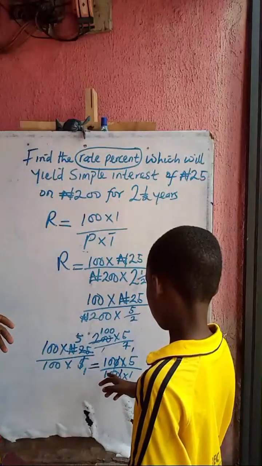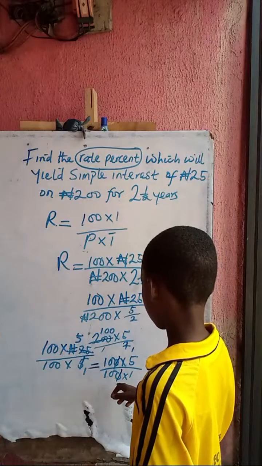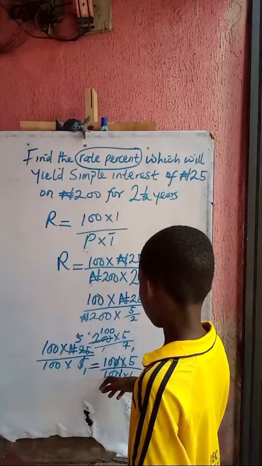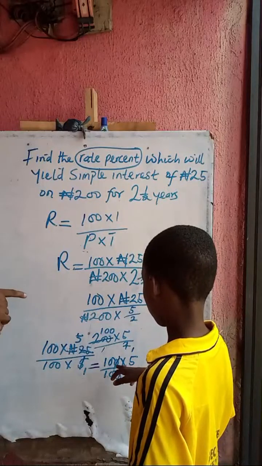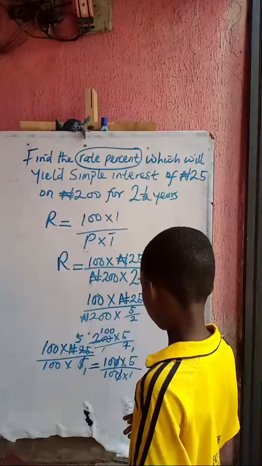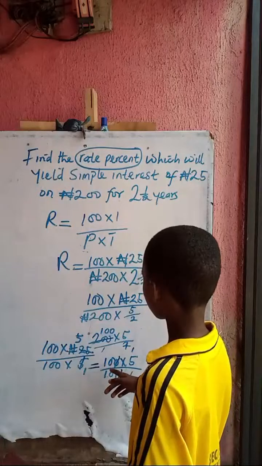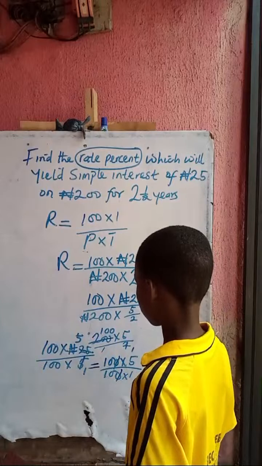We are left with 10 over 10 times 5 over 1. Look at these numbers very well. We can still divide numbers there.